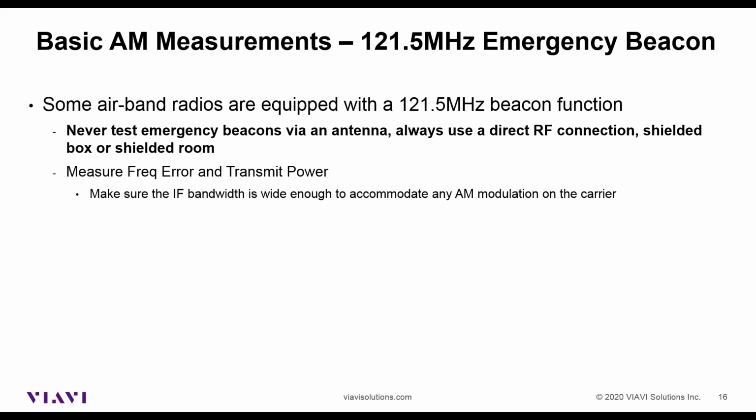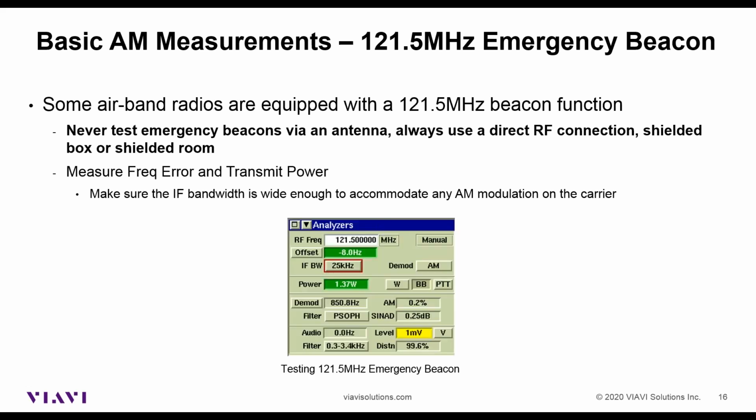So we might want to measure just that beacon. It's not a transceiver; it's just transmitting. So we might want to measure, for example, the frequency error and the transmit power. And again, make sure that the IF bandwidth is wide enough to accommodate any modulation, for example AM modulation that may be on that emergency beacon. Equally, with the basic AM radios, as we narrow band now, we go from 25 kilohertz channels maybe to 12.5 kilohertz to 8.333 kilohertz.